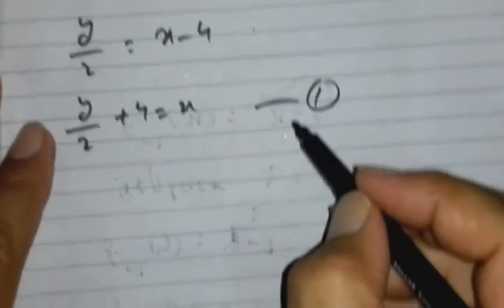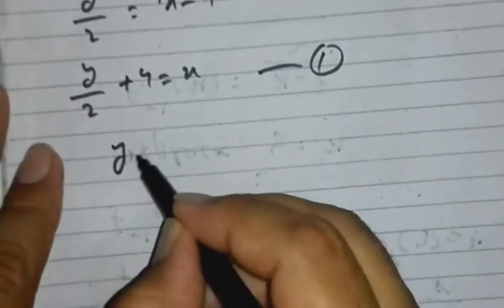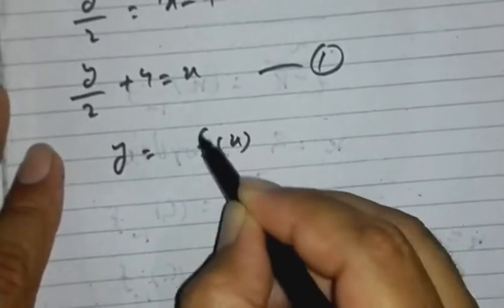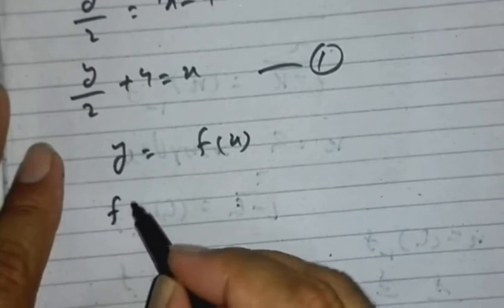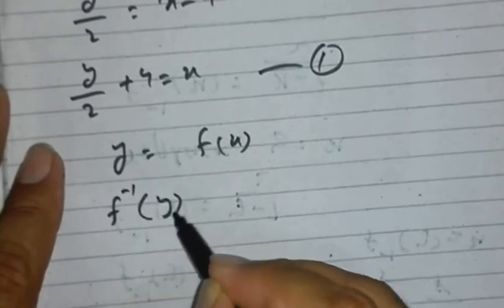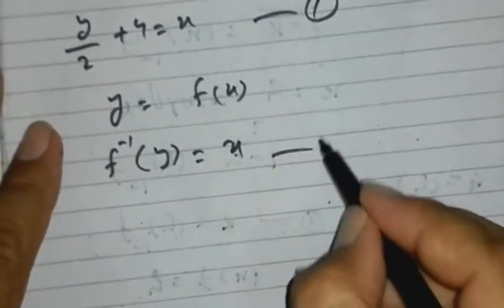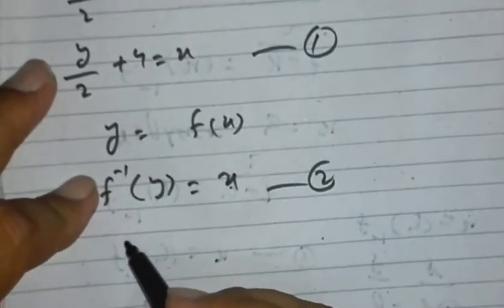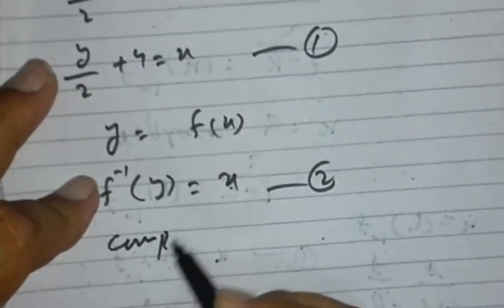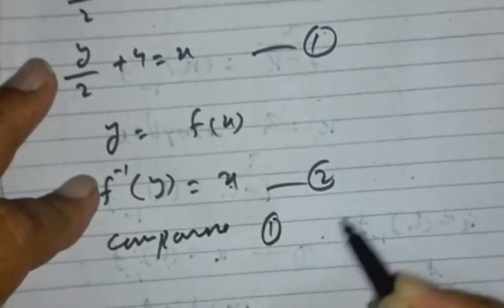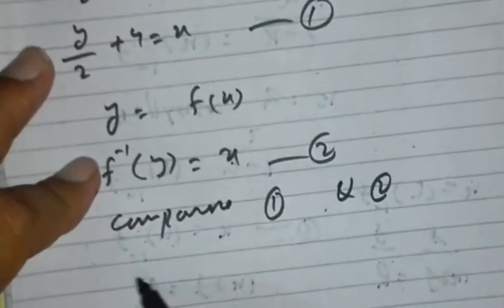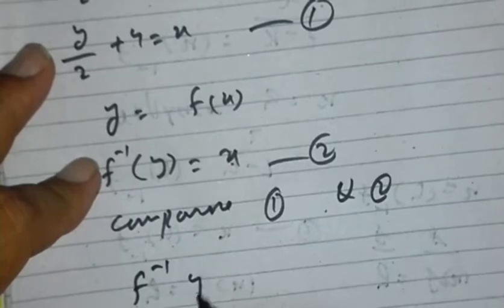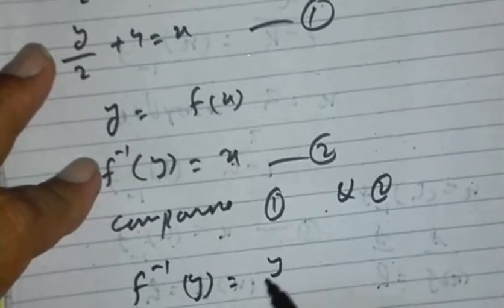Give it equation 1. Also we can write that y equals f of x. Shift this f to the left side, so we get f inverse of y equals x, equation 2. Compare 1 and 2. We get f inverse of y equals y divided by 2 plus 4.